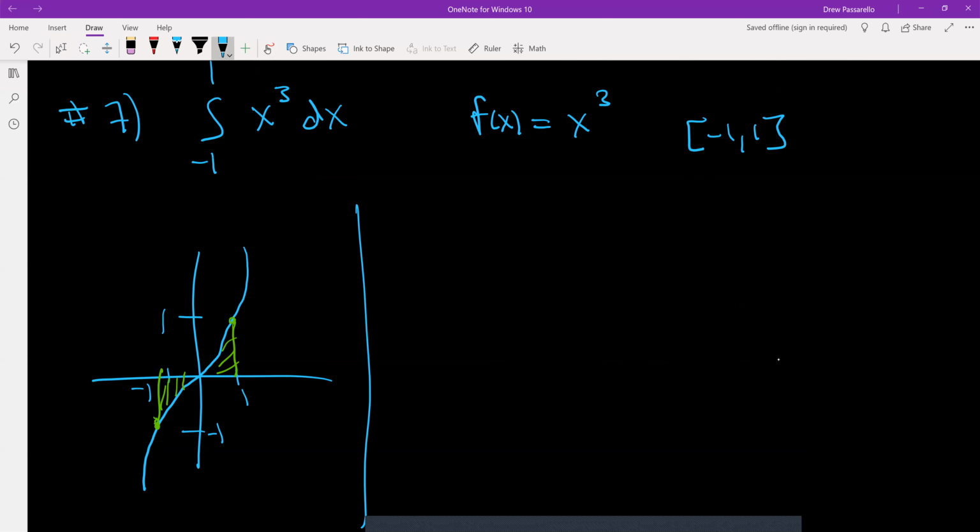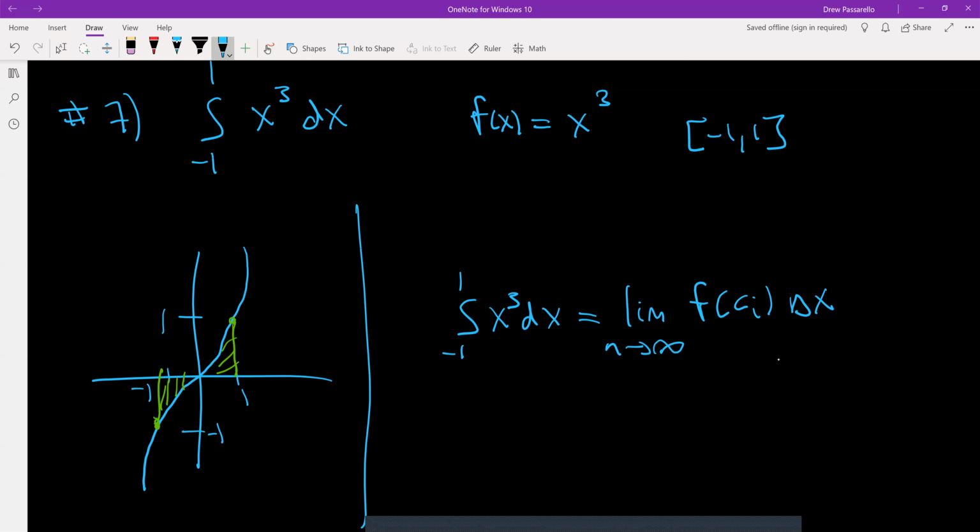So using our definition, the integral from -1 to 1 of x cubed dx is going to be the limit as n goes to infinity. I'm just using the limit definition of f of ci times delta x.